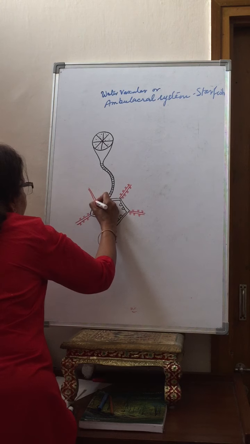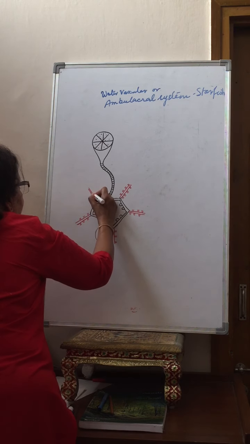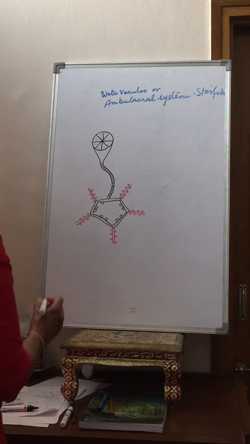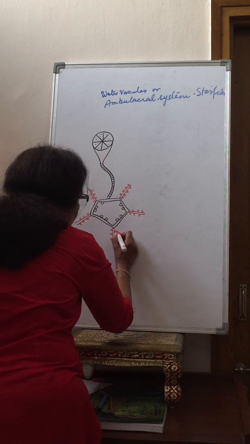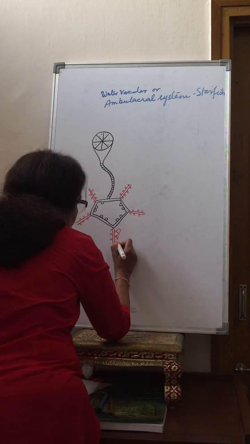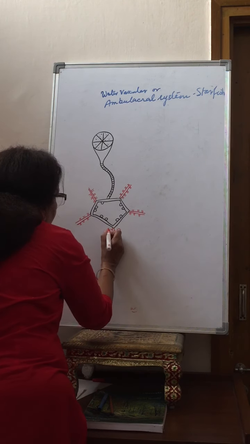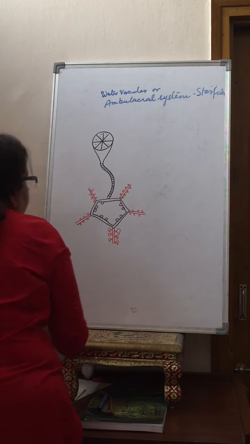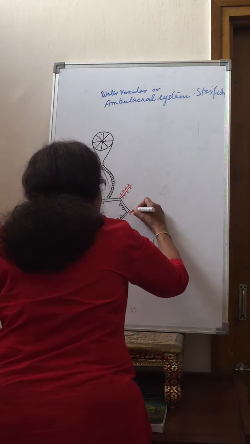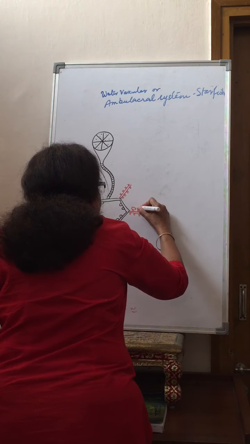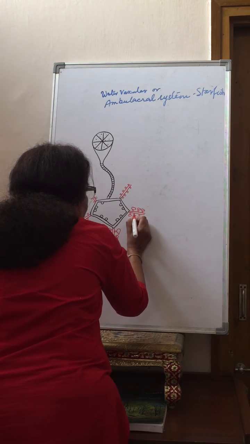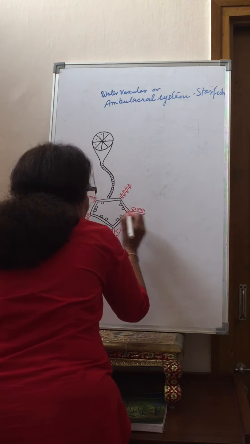These are the lateral vessels or the podial vessels, and they lead to the ampulla and the tube feet.